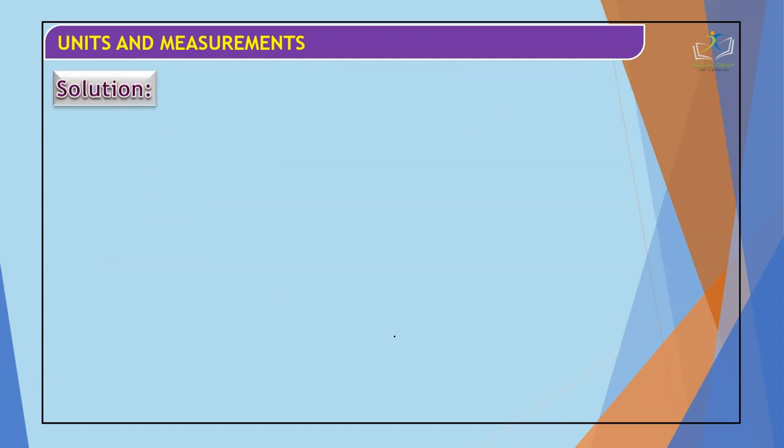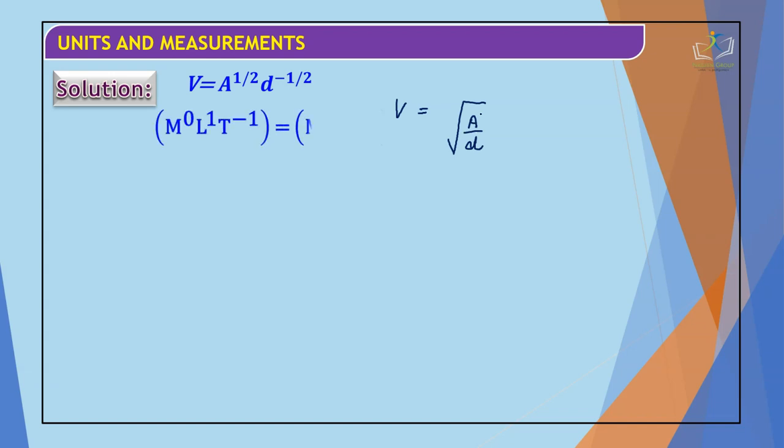Students, we know that V is equal to a to the power 1 by 2 and d to the power minus 1 by 2. If I correlate all these things with their dimensions, velocity is L T minus 1, a is M to the power a, L to the power b, T to the power c, to the power half, because we don't know what this is actually.